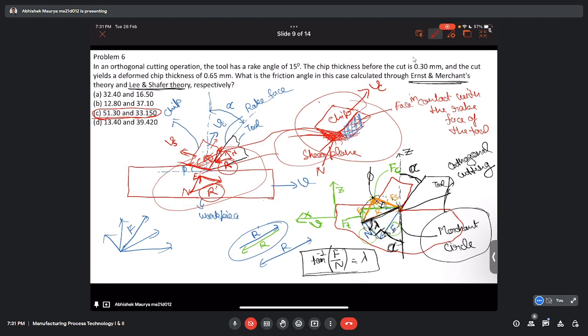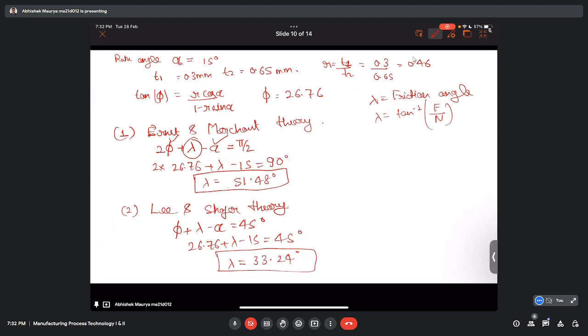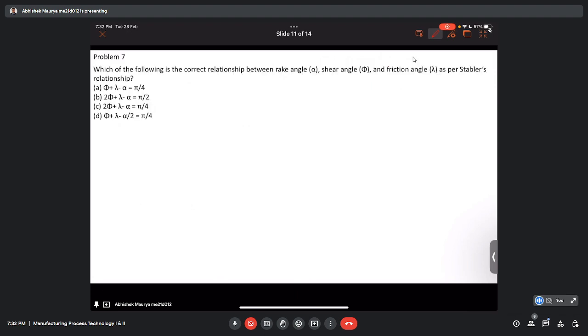So any of you have any doubt in the solution of this problem? Whether all of you have understood the procedure or not? You can give your response in the chat box. Do you need any clarification in any step? Okay, so it seems everyone has understood this problem. So let's move to the next problem.